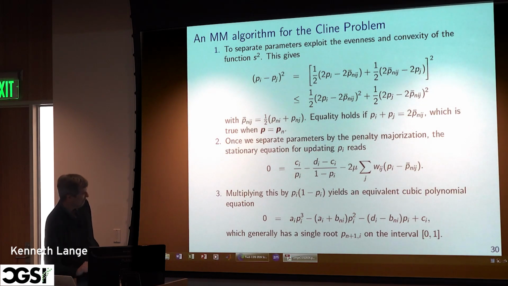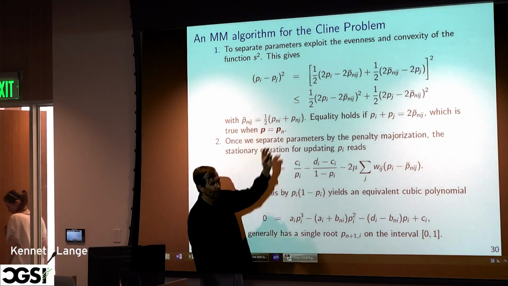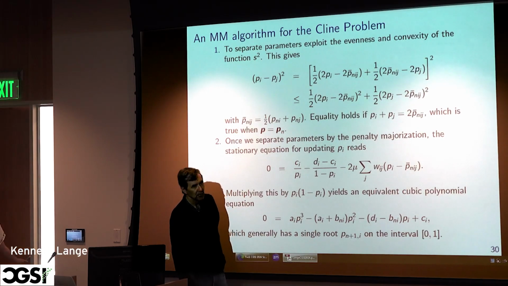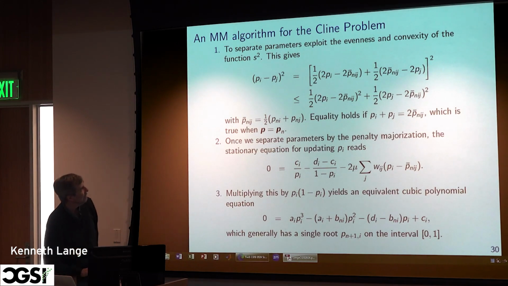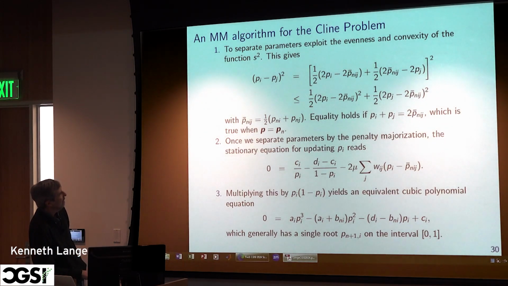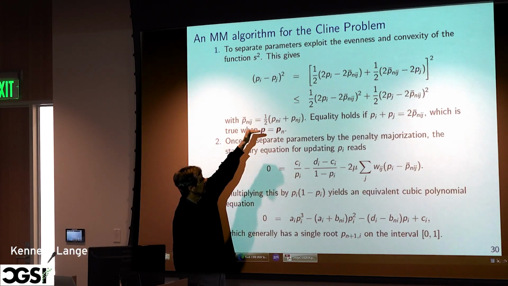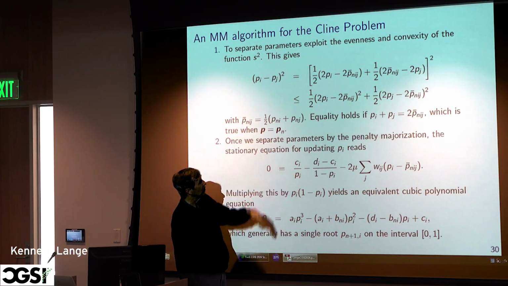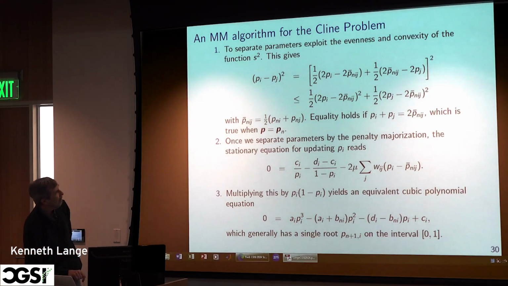You take the average of the current neighboring estimates, you add and subtract that average, and then you use the convexity of the x squared function. And when you get done, you get this right-hand side of the inequality at the top. Now, the parameters are separated.